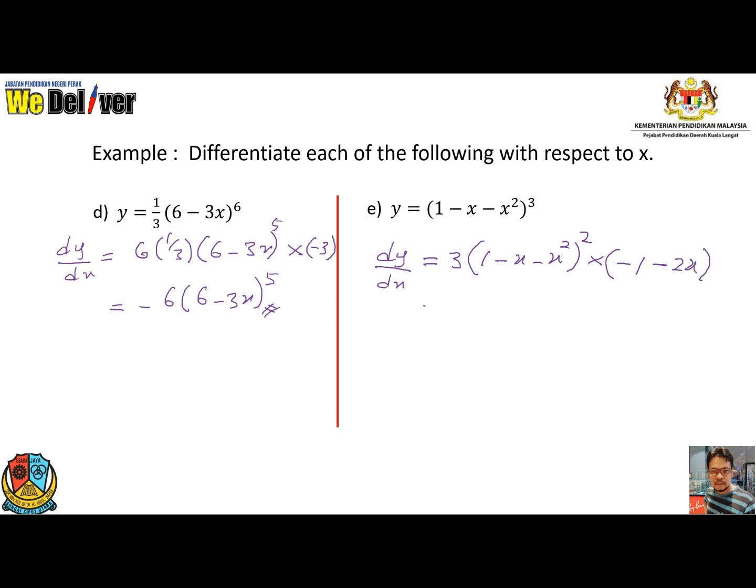To simplify, you get 3 times -2x times (1 minus x squared) squared, you get -6x times (1 minus x squared) squared.